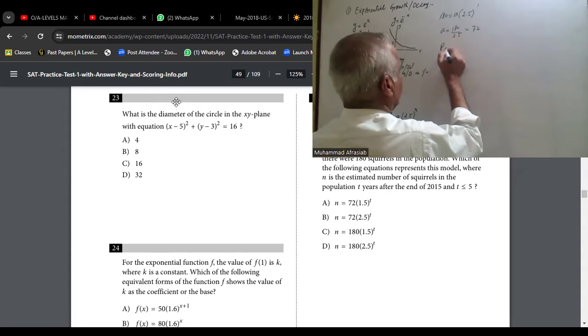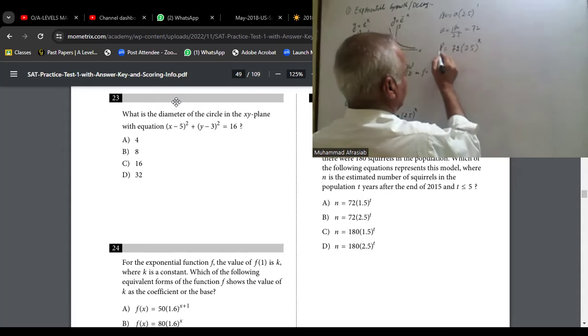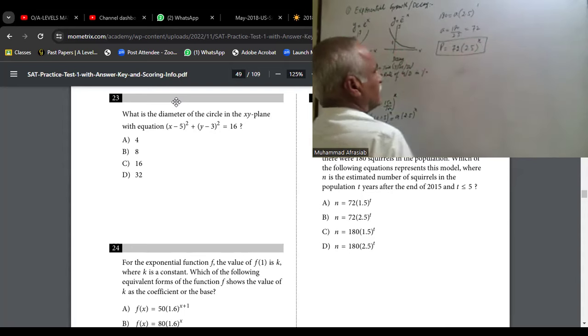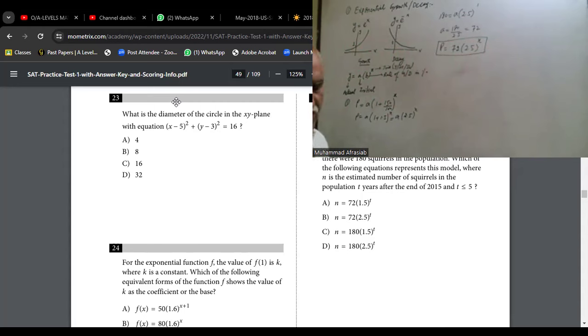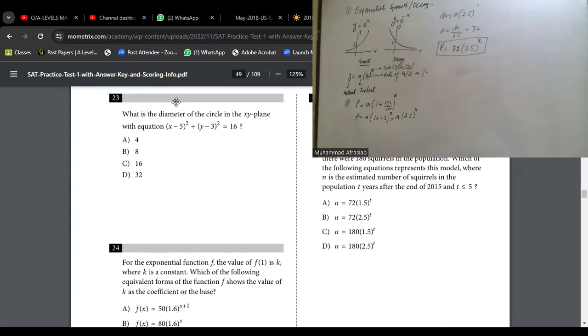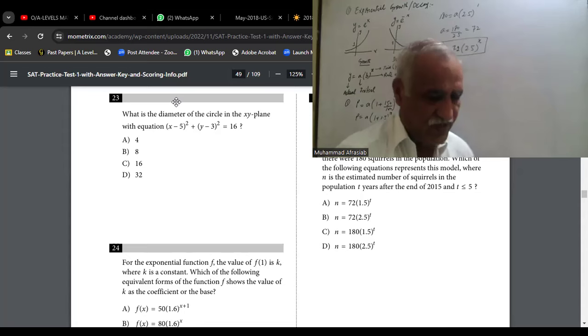So our population is P equal to 72 into 2.5 power X, since the growth is increasing at 150%. That is the answer to this question, so the right choice is B.